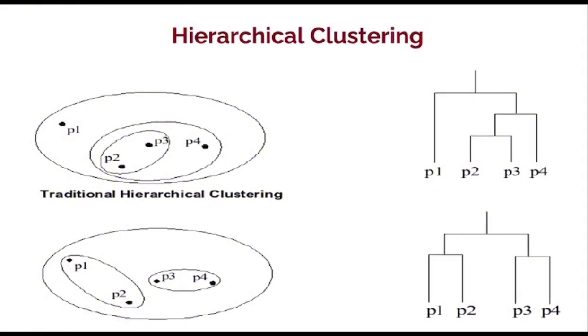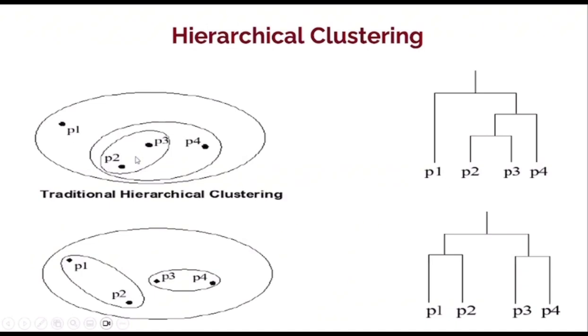And when you talk about hierarchical clustering, on the other hand, we could have some clusters that have a hierarchical relationship with others. If you take a look at P2 and P3, these two points are nested in P4. You see that? They're nested in P4, and all of that is nested in P1.